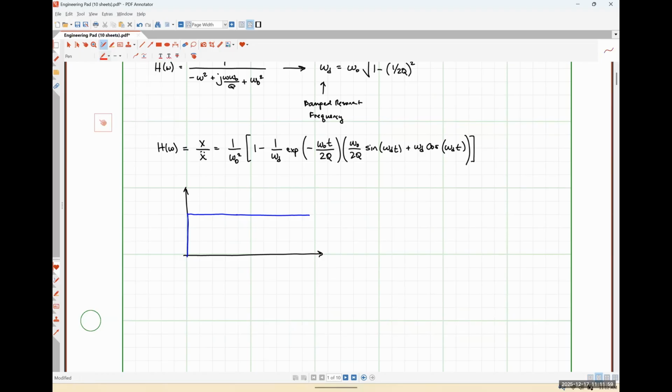Then our output would look something like this, where we can see that this signal is oscillating with some frequency. That frequency is omega d, and then it has the envelope of an exponentially decaying function, which is given by this part of the signal right here.